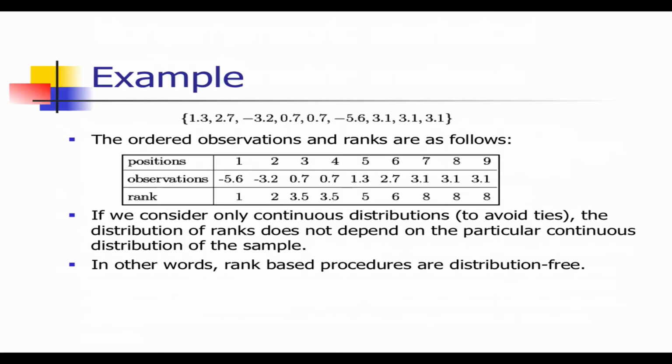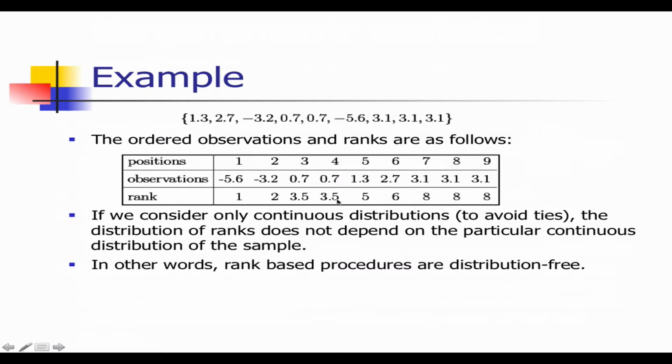Here we give you an example of what a rank is. In the second row, we have the observations. It doesn't matter what distribution they come from. Then you can rank them from the smallest to the biggest, and these are their ranked positions. Here you see there are 2 ties and 3 ties.